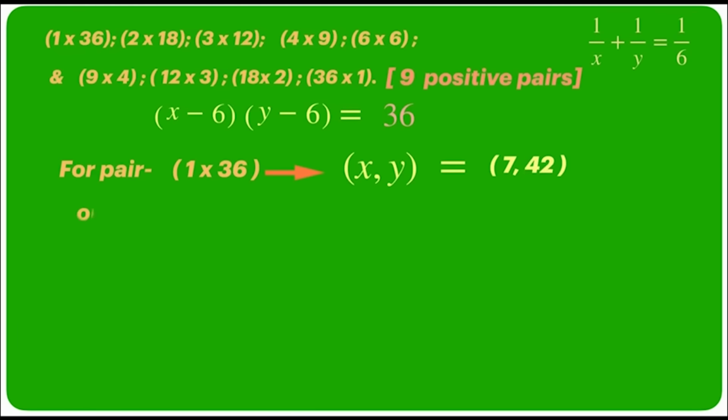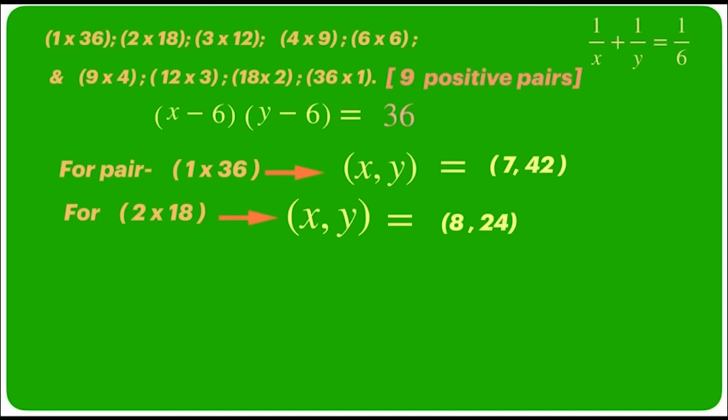For the first pair, that is 1 into 36, we have got the values of x and y as 7 and 42 respectively. And for the next pair, 2 into 18, we have got x and y as 8 and 24.